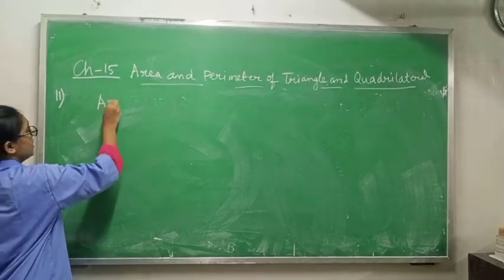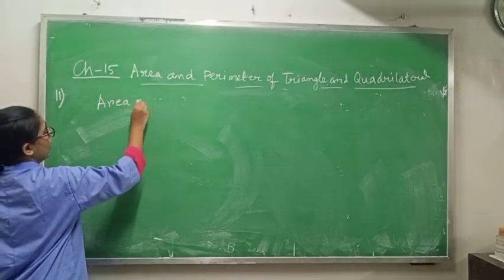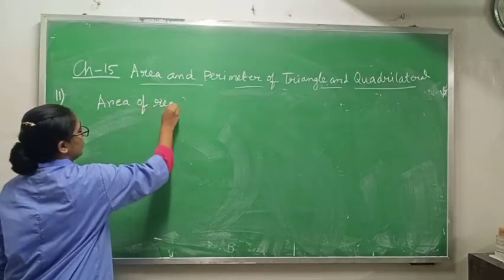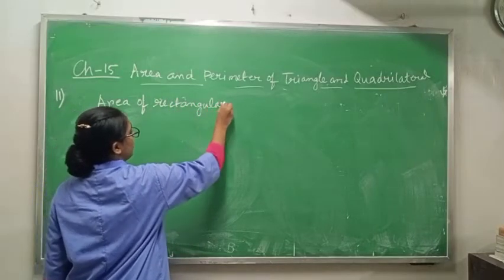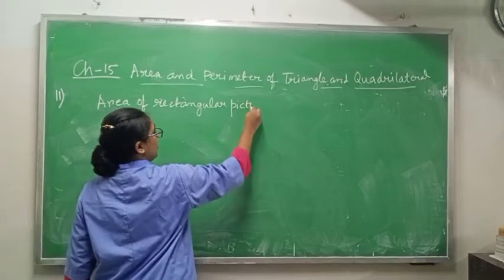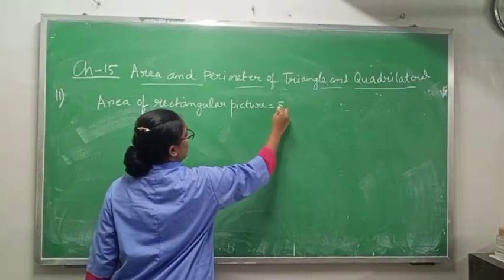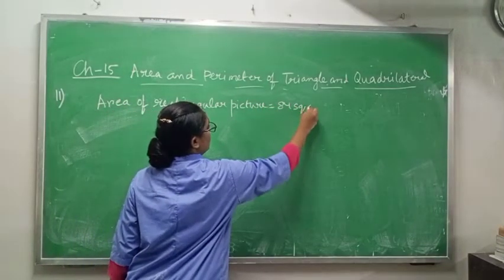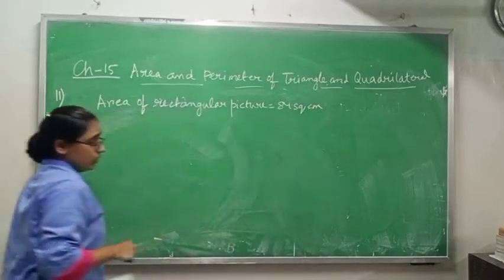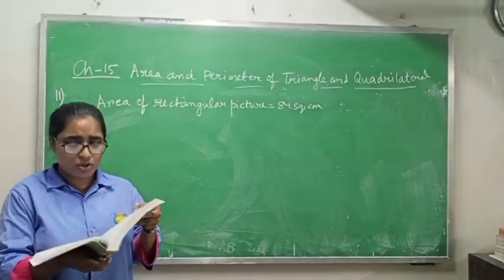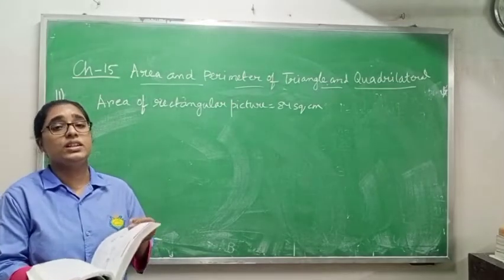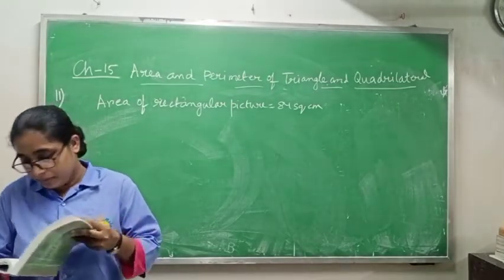So area is given, area of the rectangular picture is how much? 84 square centimeter. Understood?